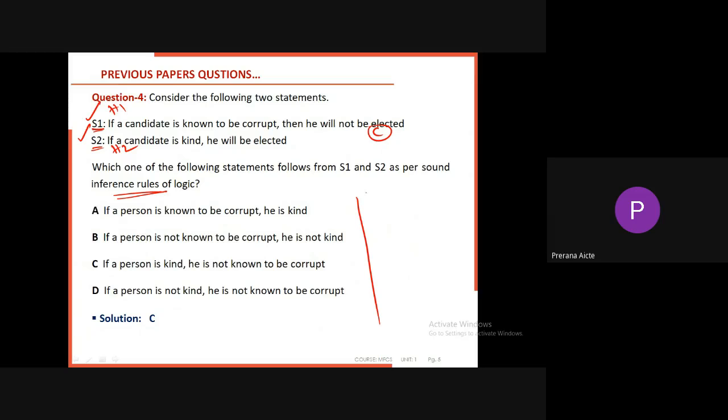First we will represent these two statements in symbolic notation.